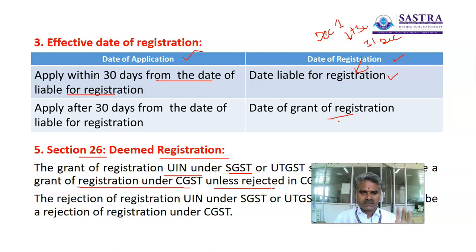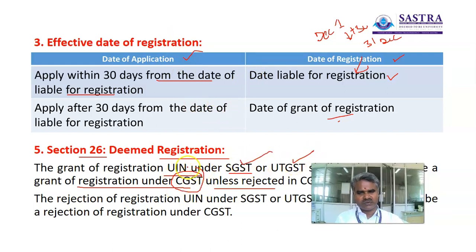When we study the CGST Act, SGST and UTGST are implied. They also take part of the CGST. So when you register your business under CGST, it is also treated as registered under SGST and UTGST.